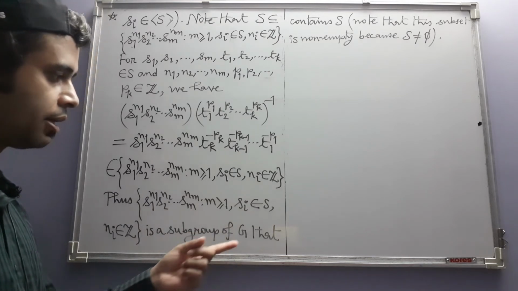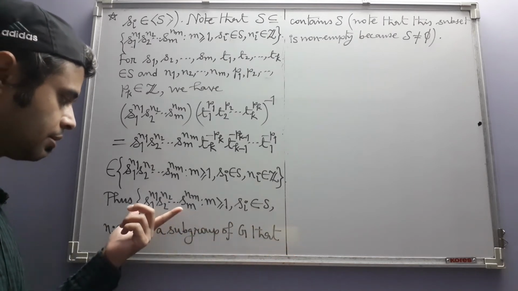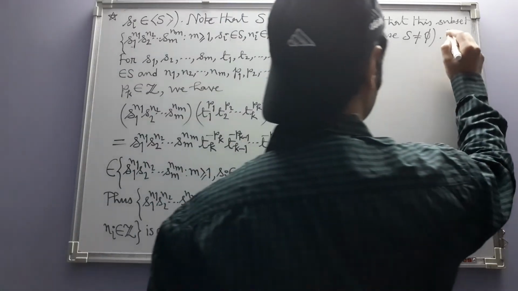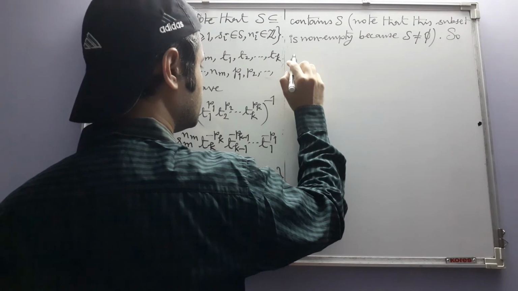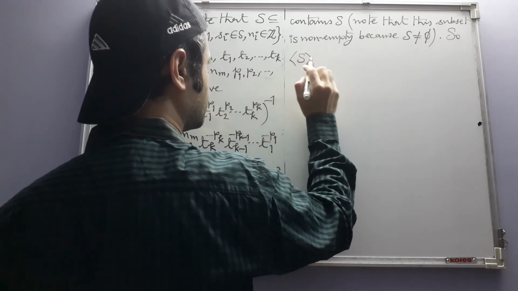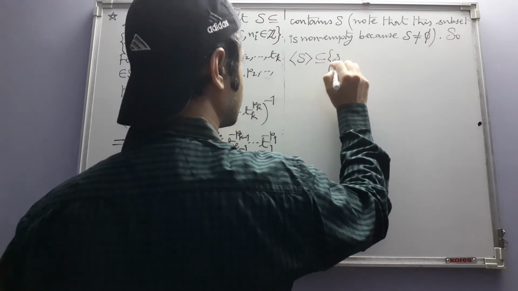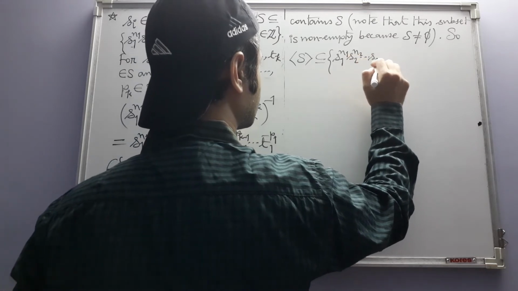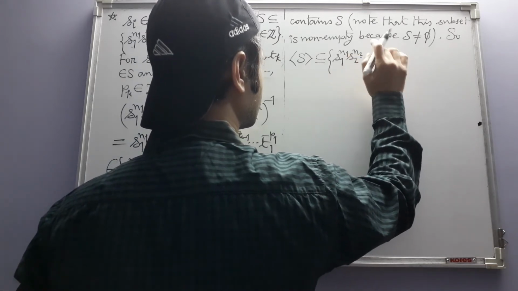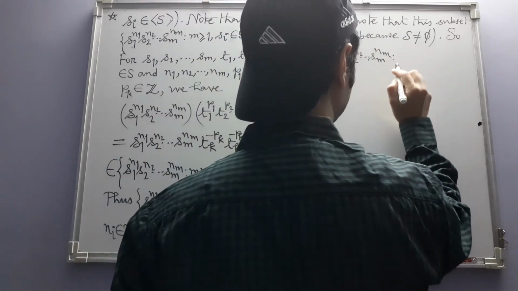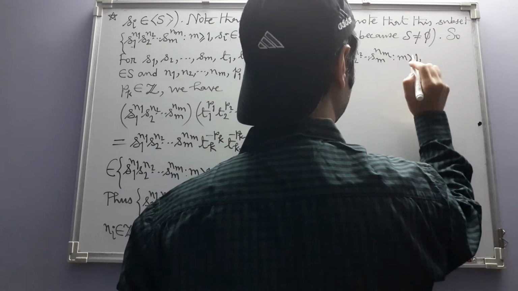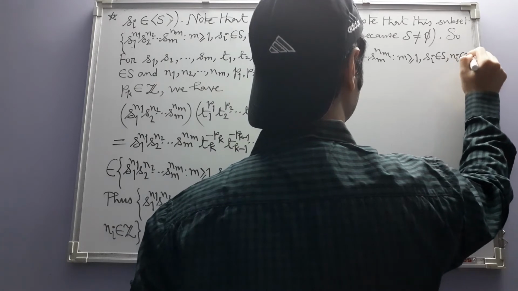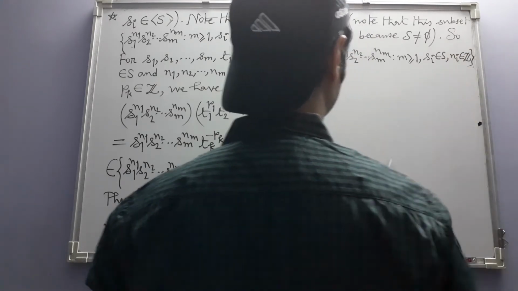And yet at the same time we have also seen that this is contained in the subgroup generated by S. So the subgroup generated by S is the set of products with M positive, Si belonging to S, and Ni an integer.